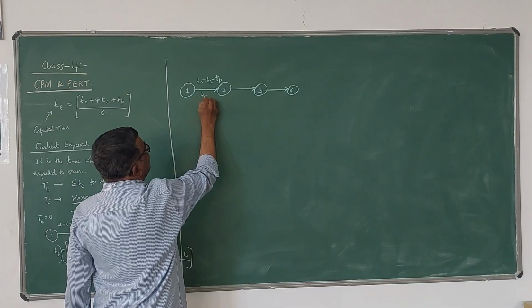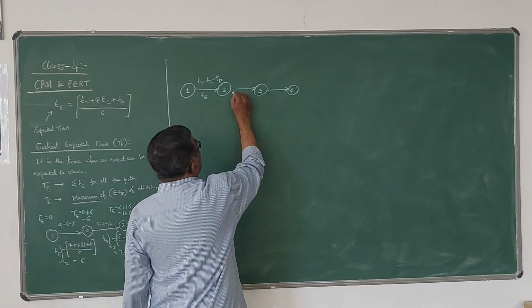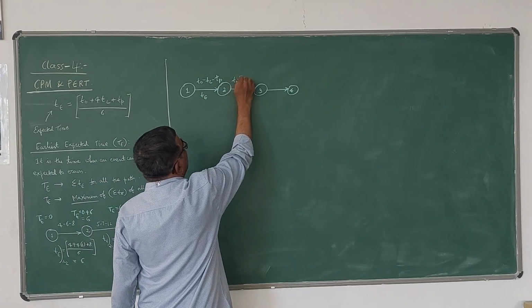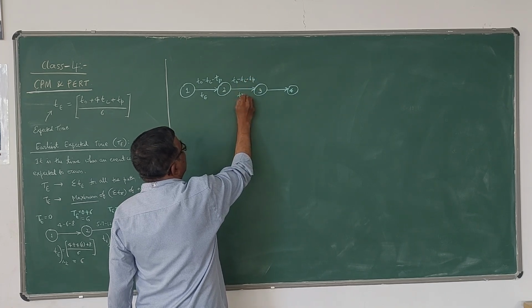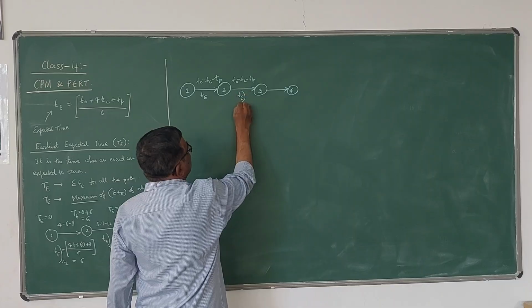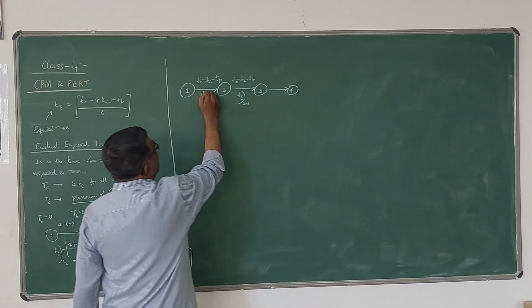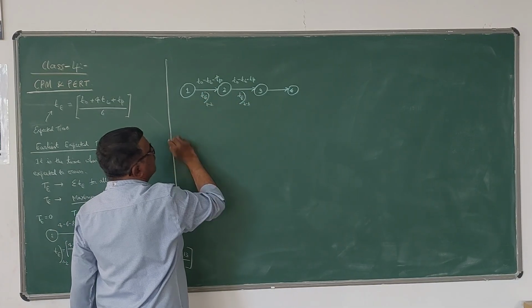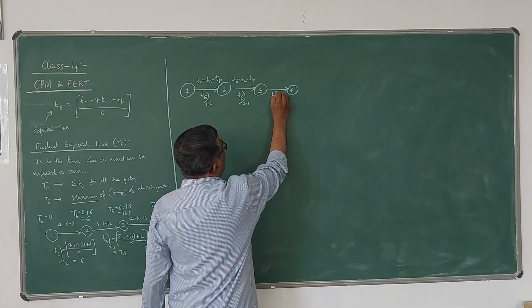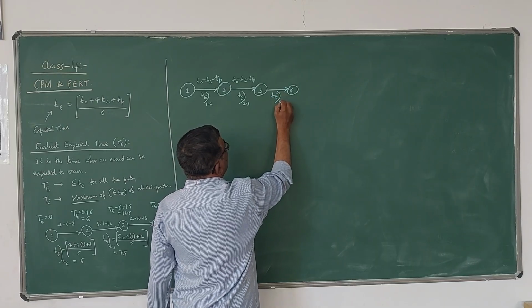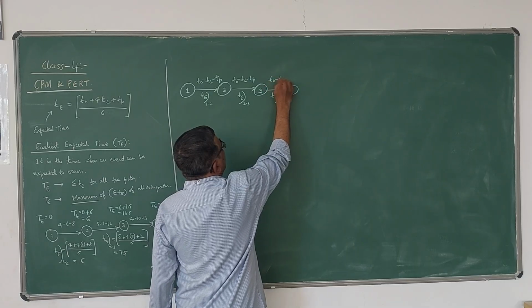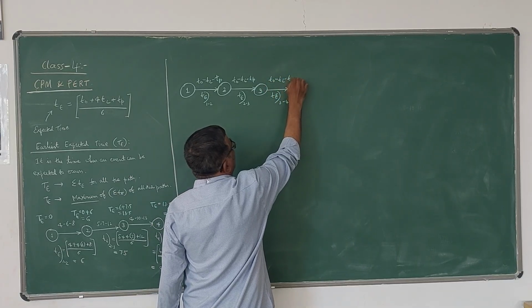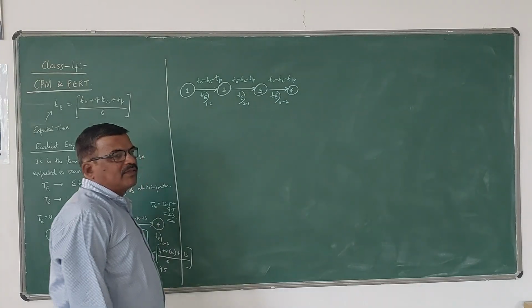Here we are going to write the small t value. Here also they are going to give T0, TL, TP values. So this is the t value for activity 1, 2, and 2, 3. Here the t value for activity 3, 4, and T0, TL, TP for activity 3, 4 is given there.